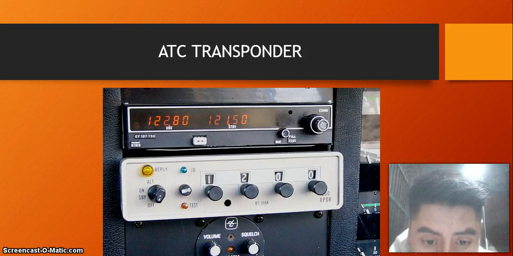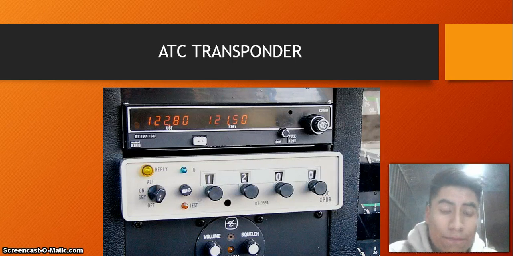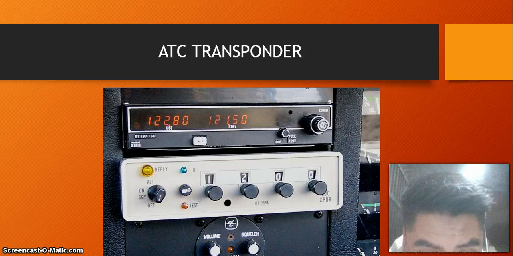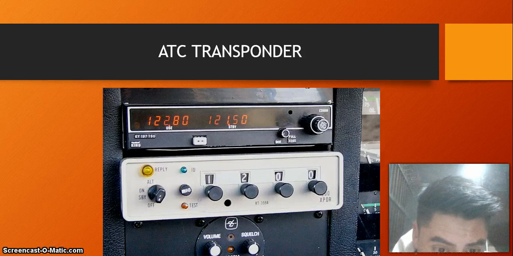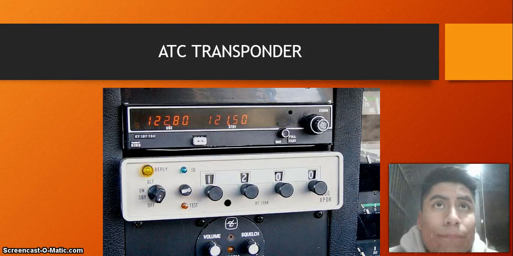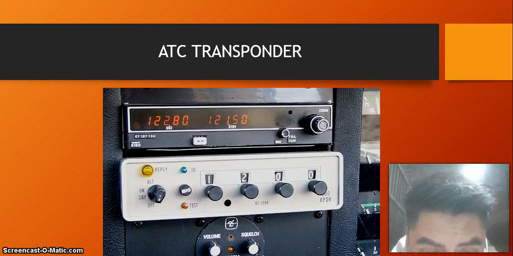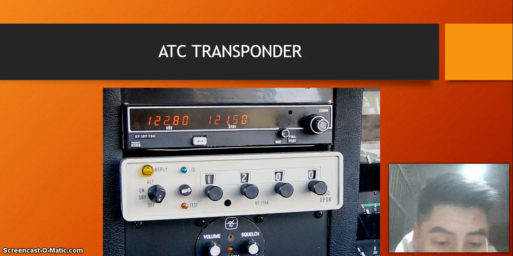The S-mode is designed as a more complete ATC system to provide improved surveillance as well as communication, and the reception is in a band other than the transmission. The response signal frequency corresponds to 1030 megahertz. The transmission of the message is given at a frequency of 1090 megahertz.